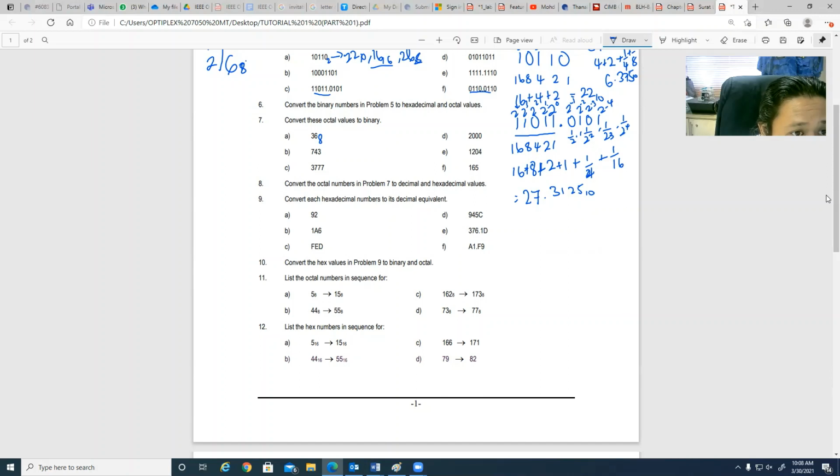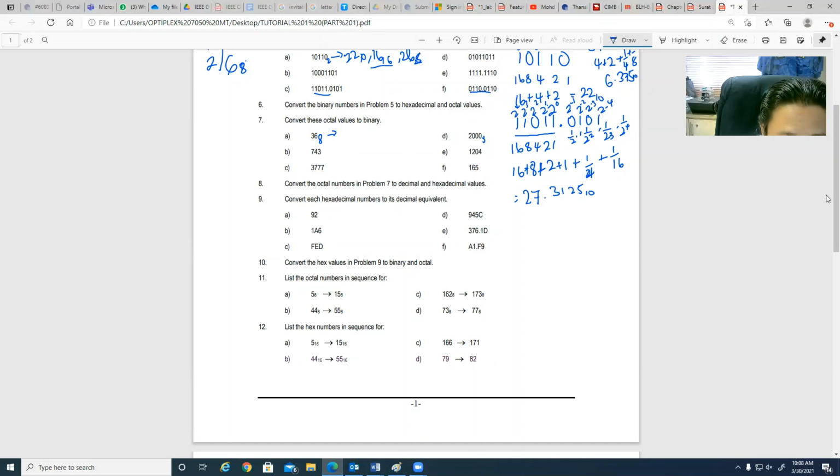All the octal digits you have to convert into binary. You can use a method similar to question number 6.